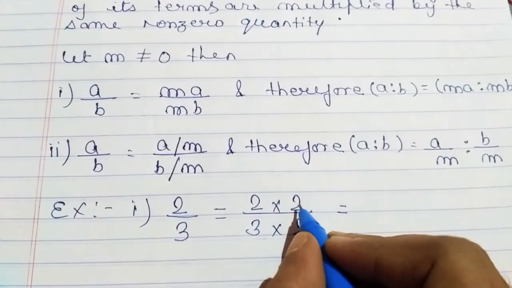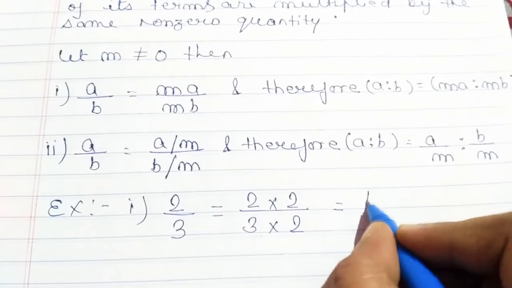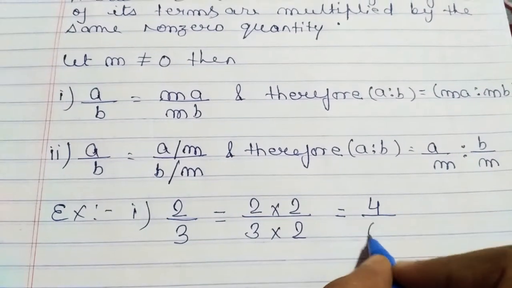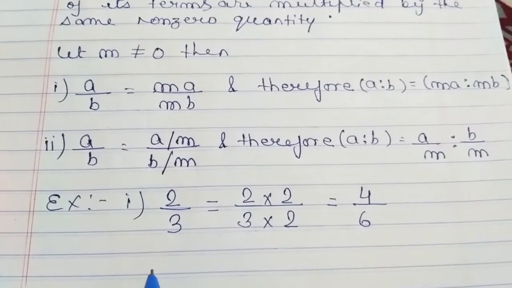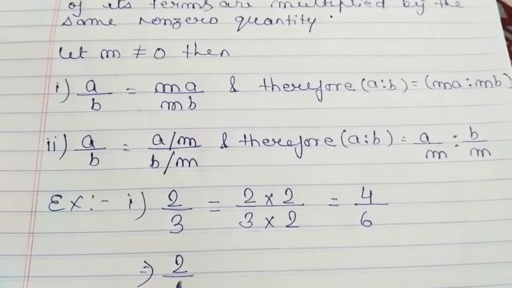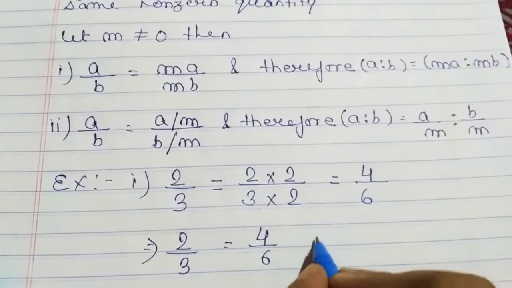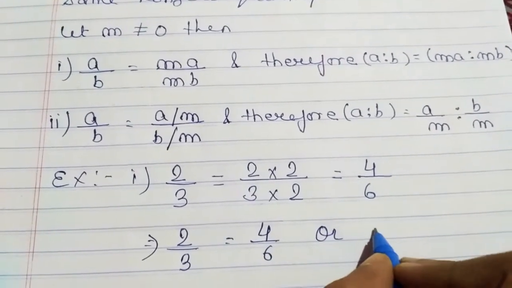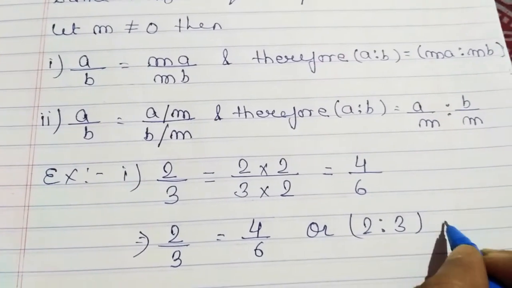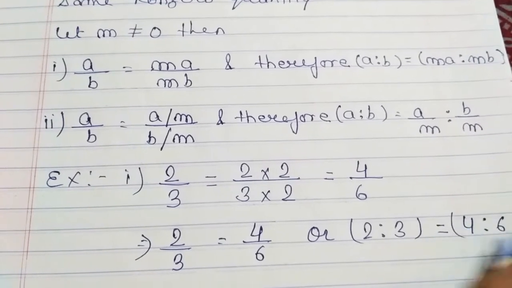When you multiply the ratio by this number, your new quantities will be 2 2s are 4, 3 2s are 6. So 2:3 is equal to 4:6.